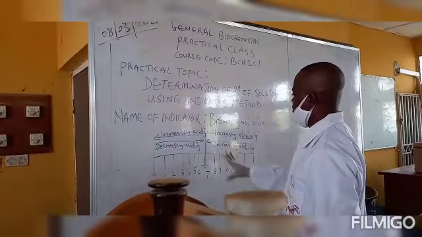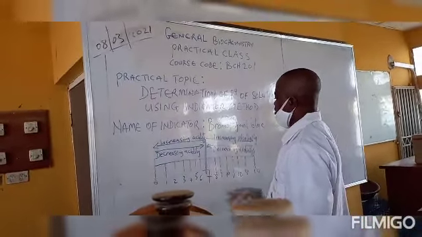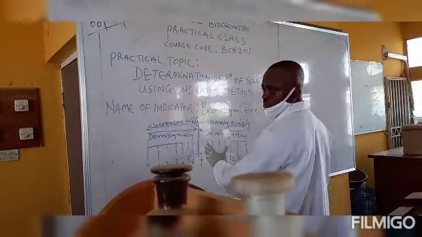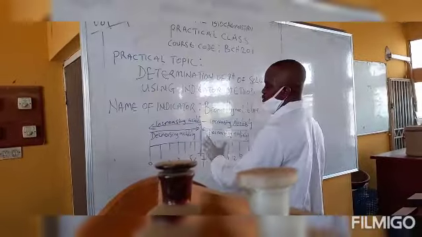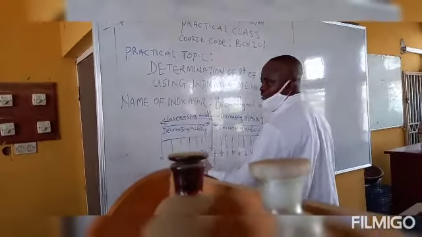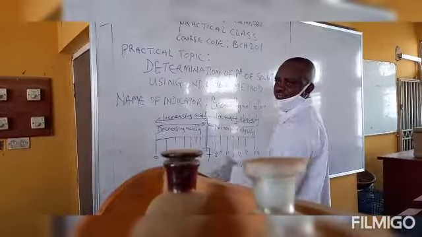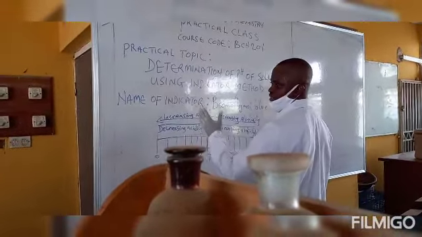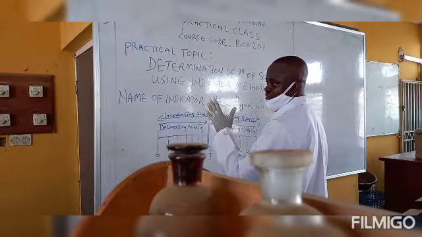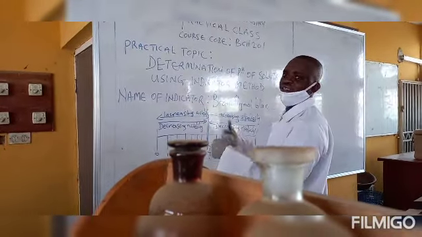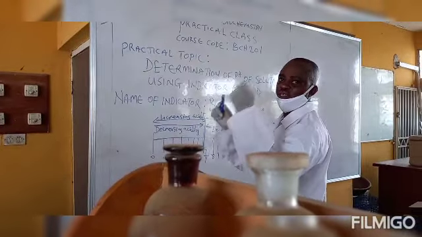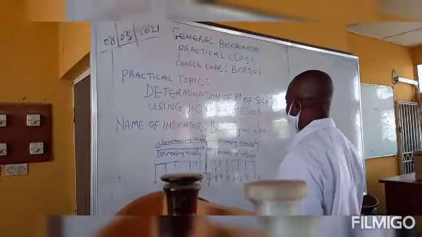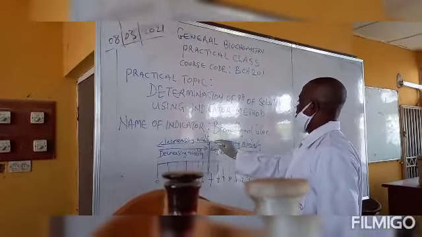So, from the scale you have on the board here, if pH value is moving closer to pH of 7, that shows that the acidity of that particular solution is decreasing. If it's moving away from 7, that is reducing from 7 towards 0, that means the acidity of that particular solution is increasing.